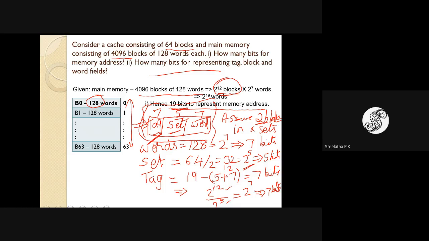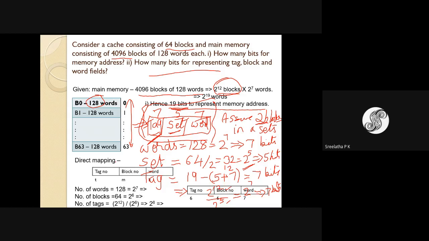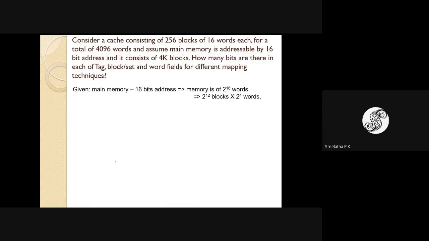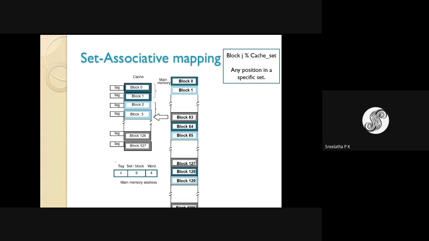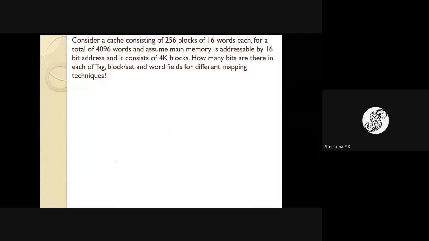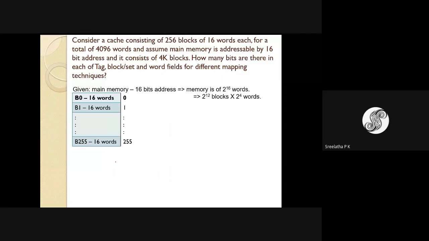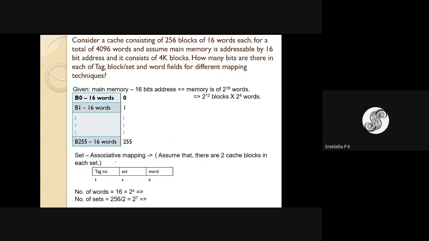Okay, any doubts? Any doubts, students? You have seen 3 ways of mapping: direct mapping, associative, and set associative mapping. Any doubts here?